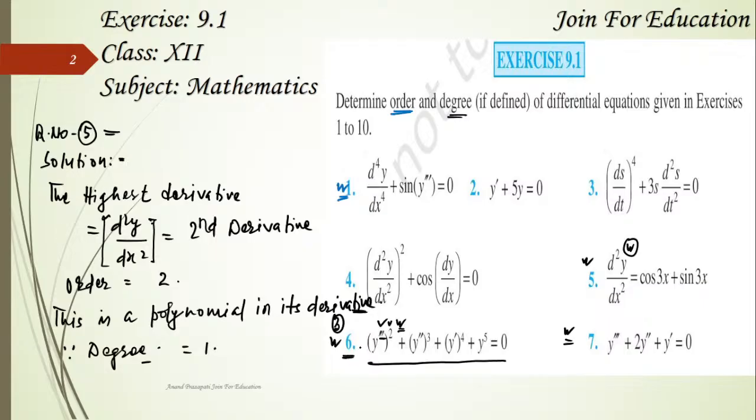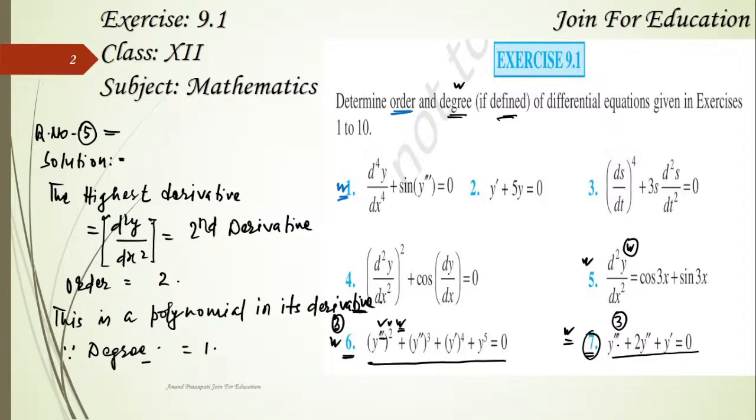I leave this question as homework to all of you. Let's see question number 7. The highest derivative is 3 here, and this differential equation is a polynomial in its derivative. Therefore, this is defined for degree.